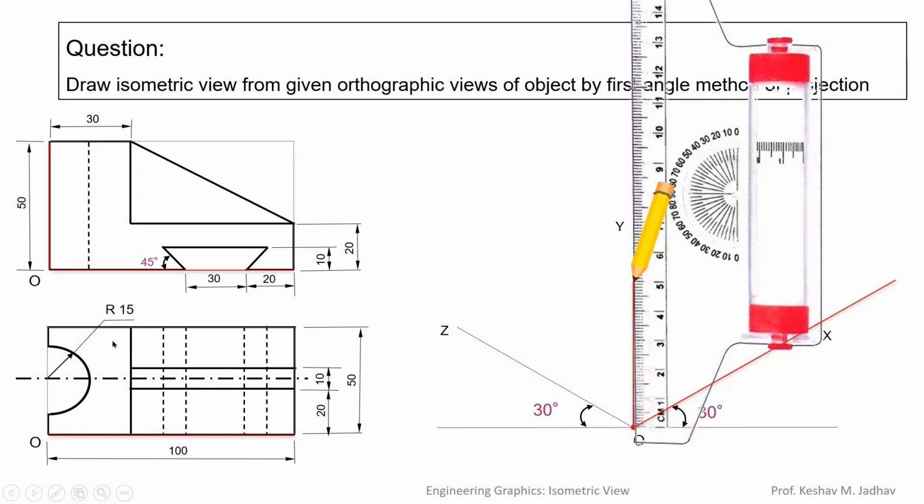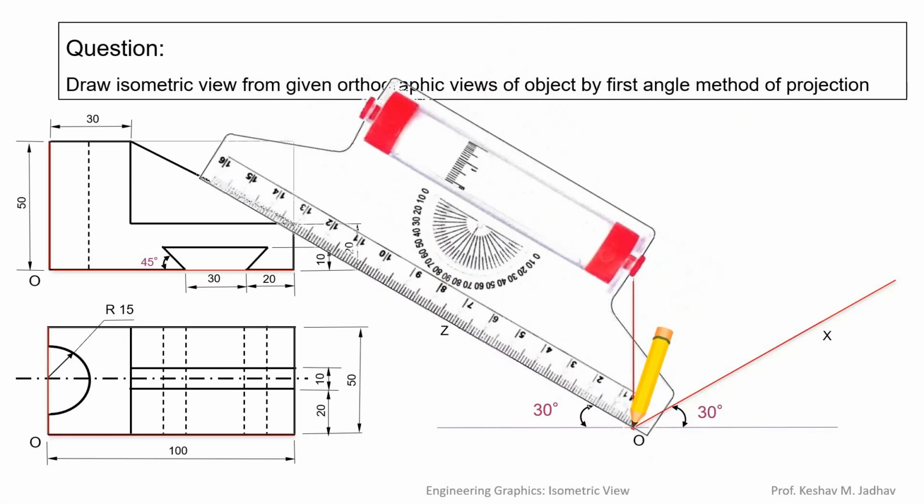This line we have already drawn while drawing the front view line, which is along the x-axis. Now from O to the left side, we have to take 50 mm length. In isometric view, on the left side there is the z-axis. So along the z-axis we can measure 50 mm and draw a line of 50 mm length.